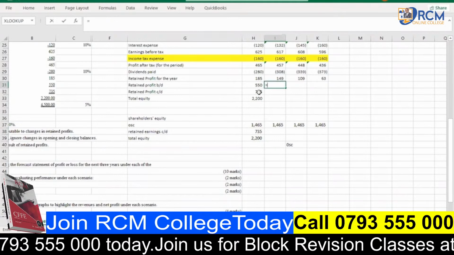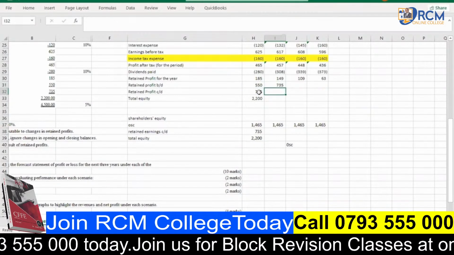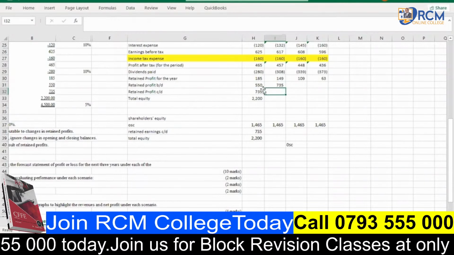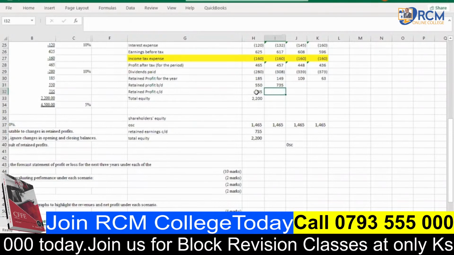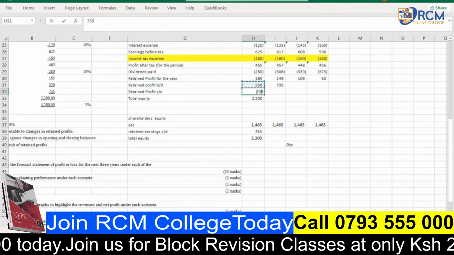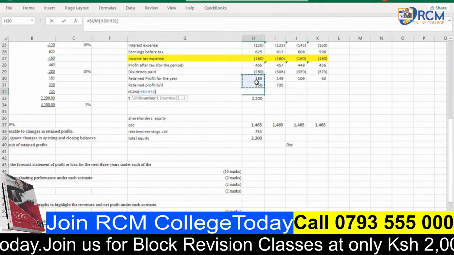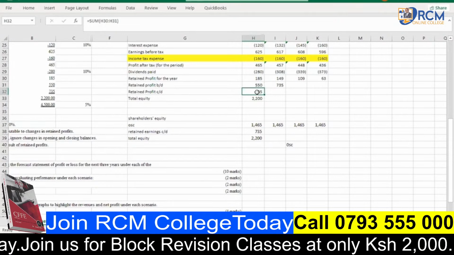So we come here and say equal to this one here. Then retained profits carried down will be brought down plus the profit of the current year. That's why we said the summation of these two, that is profit of the current year plus profit brought down, will give us the retained profits carried down.